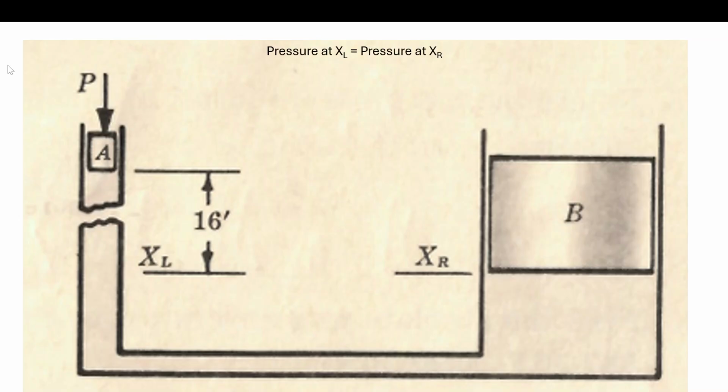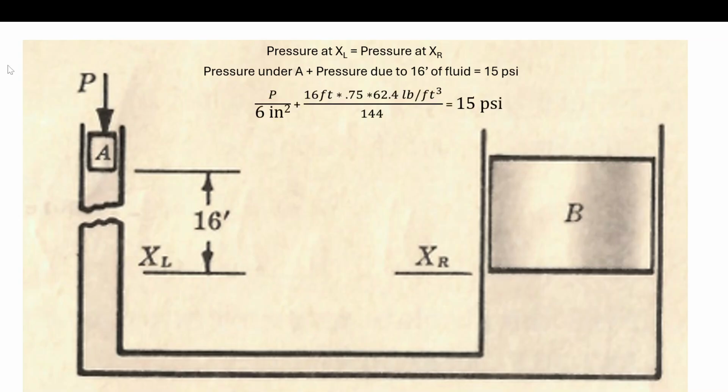Okay, so we know pressure at XL is equal to pressure at XR. We know that the pressure at XL is equal to the pressure under A plus the pressure due to 16 feet of fluid, and that's equal to 15 pounds per square inch, which we had solved for earlier. We know that the pressure under A was the force P divided by 6 inches squared.